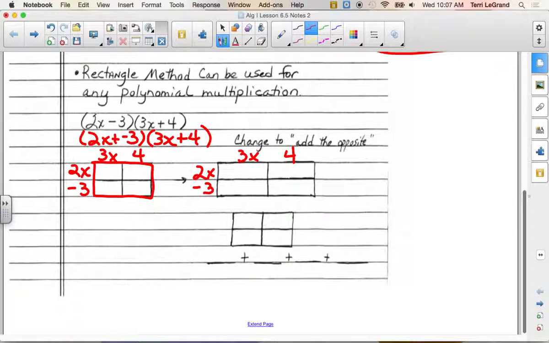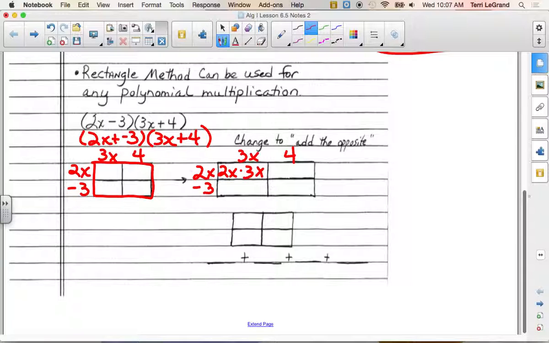And notice I made the rectangles a little bit bigger, stretched them out. Because now we're going to show what's really happening. Well, we have to find the area of each of these smaller rectangles. So we take 2x times 3x for that first rectangle. Those are its two side lengths.